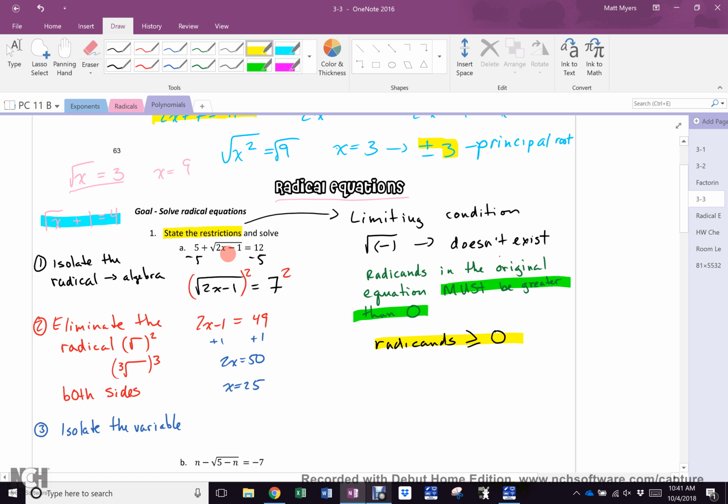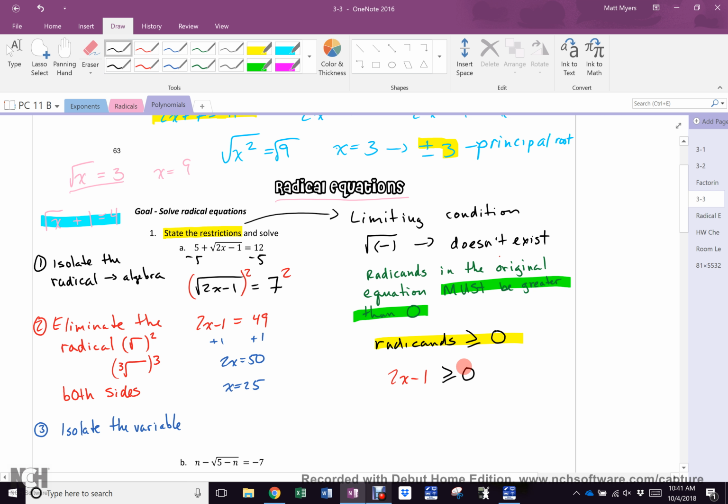Do I have a radicand here? What is the radicand in this equation? Oh, 2x minus 1. 2x minus 1 is a radicand, yes? So that radicand must be greater than or equal to 0, correct? Who remembers how to solve that from the 9th grade?